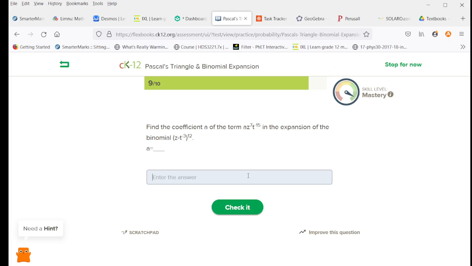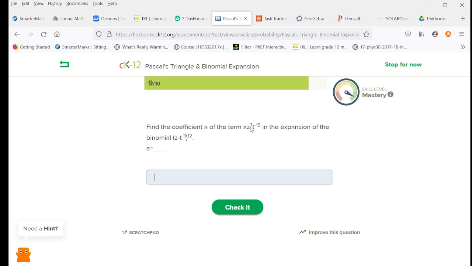So here we want to find the coefficient a of this term. So we're starting with a z, we have to get up to z to the 7 in an expansion of 12. So the odd number terms will have a negative coefficient of z. So we have a 12 here, we want to get that exponent up to 7.